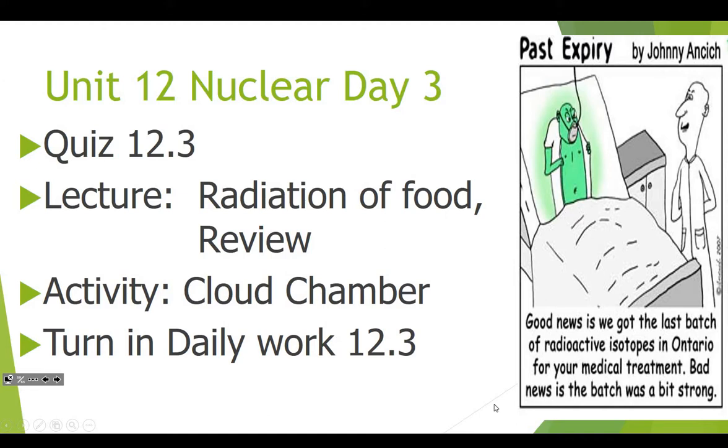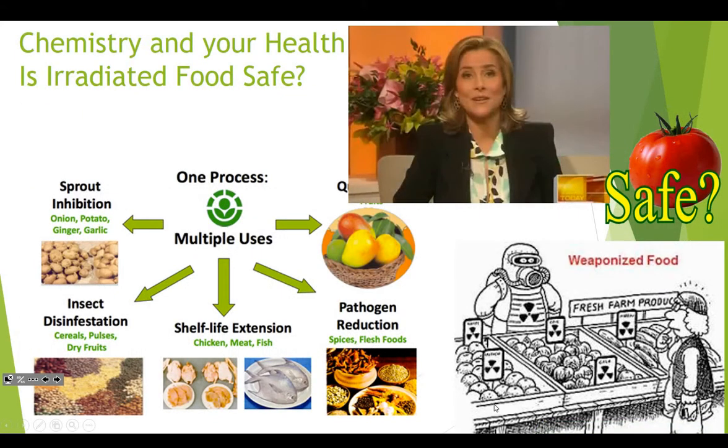Ha ha ha. Okay, so we're going to talk about today some misconceptions and hopefully get them cleared up. Is irradiating food safe? So the process, whenever you see this symbol on a package, that means it's been irradiated. Okay, there's multiple uses for it. To prohibit things from growing, like onions, potatoes, ginger, and garlic.